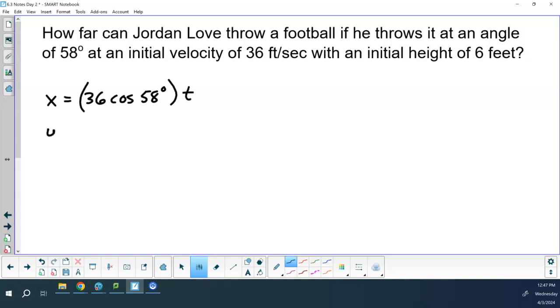And we should have come up with negative 16t squared plus 36 sine of 58 degrees times t plus 6. Yes? Okay?